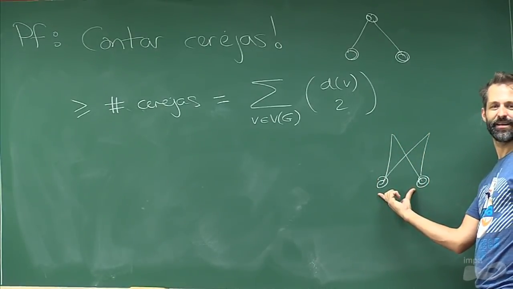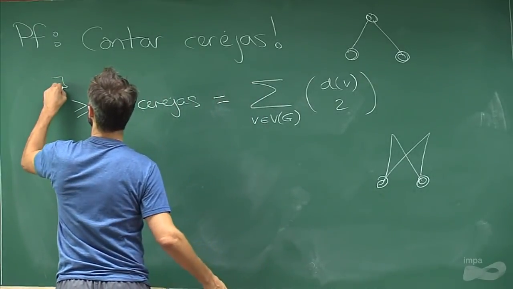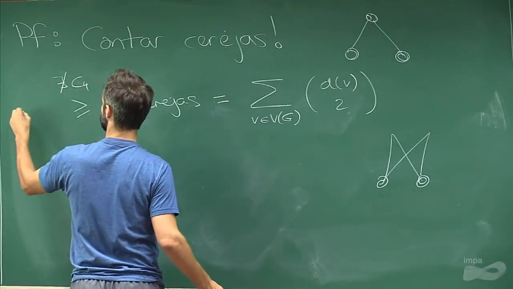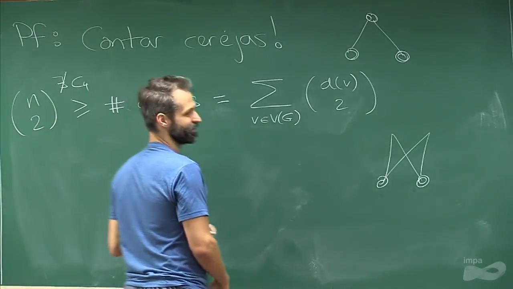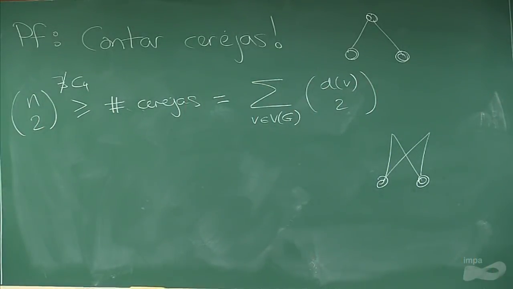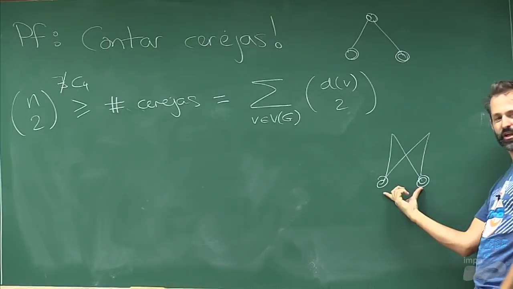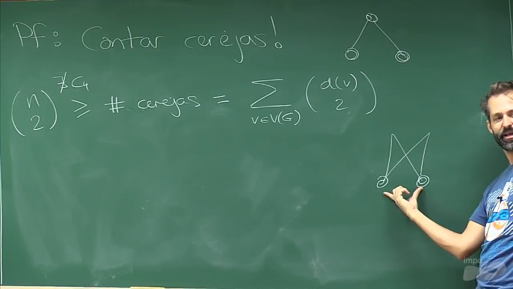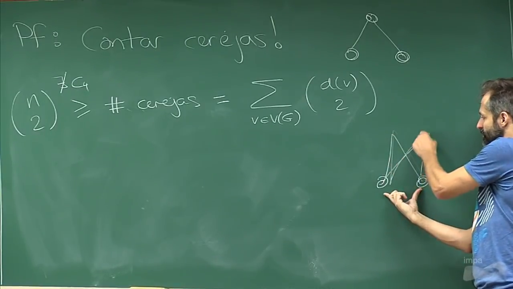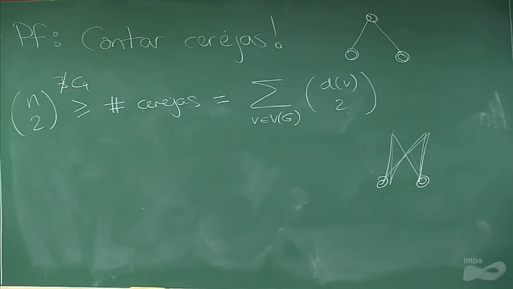If you have 2 cherries with the same base, then this is a C4. So if there's no C4, there's at most 1 cherry per base, and there are only n choose 2 bases. So if there's no C4, there's at most n choose 2 cherries.